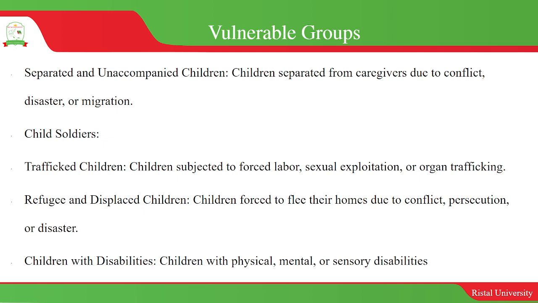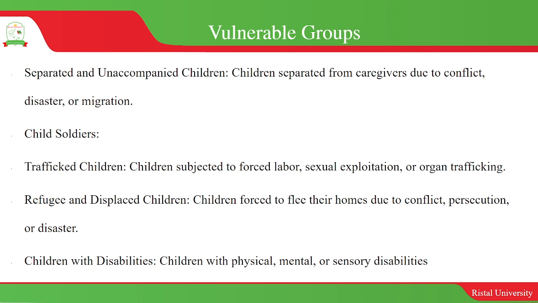So let us look at the term vulnerability, what it actually means. Vulnerability is the likelihood that a child will be exposed to harm or abuse. We have children that are particularly susceptible to abuse.